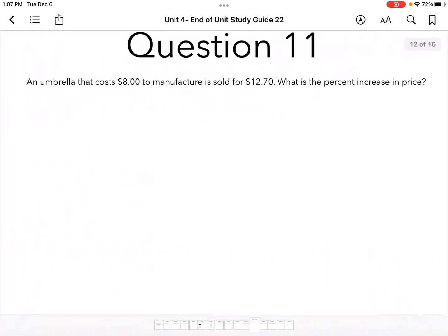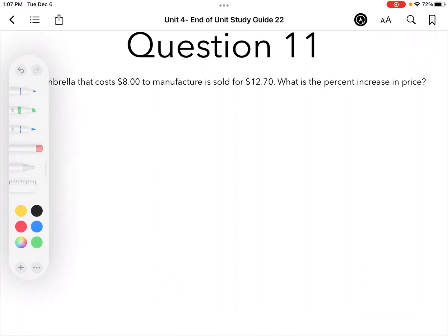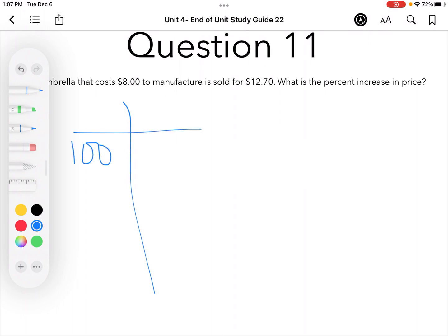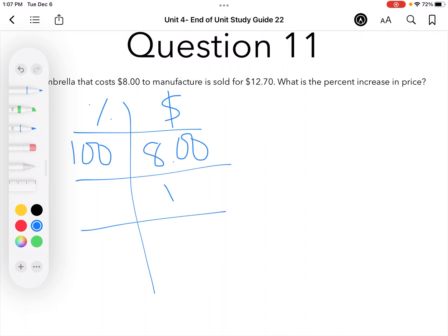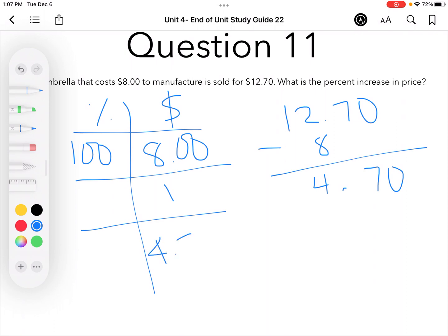All right, an umbrella costs $8 to manufacture and is sold for $12.70. What is the percent increase? So 100% is always the original amount, so that's $8. And then I have to figure out what it increased by. So $12.70 minus 8 is going to give me $4.70.